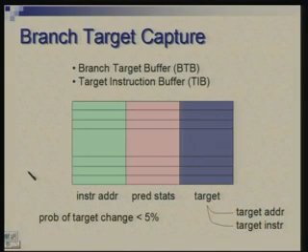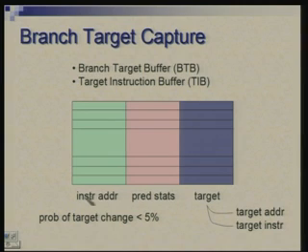This scheme will work. So, here is the picture of how this buffer could be organized. This is one way. There are many different organizations. It could be organized as an associative or content addressable memory, where you look at the current instruction address, and each word here has 3 fields.